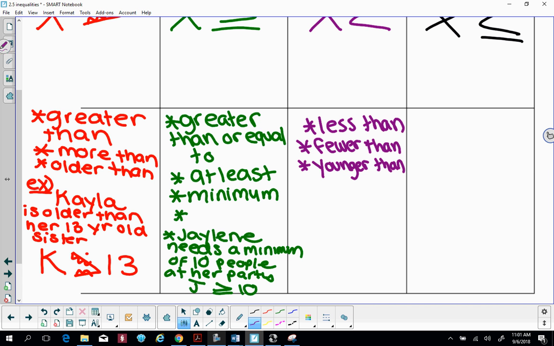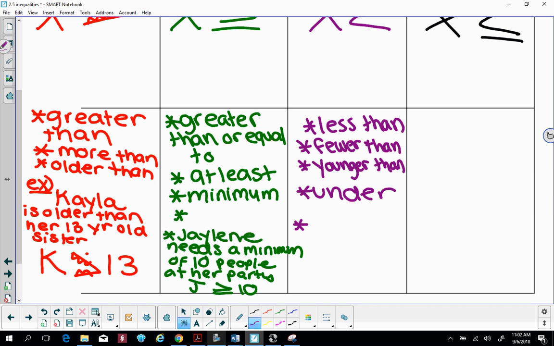So you got to be a kid under 8. If I was 8 and it's my birthday, I just turned 8, can I go on that playground? Under 8, right? We don't use this one as much, but even if Jaylene's mom said, no, you only can have less than 5 friends, she would have to have less than that, right? She could only have 4 friends.